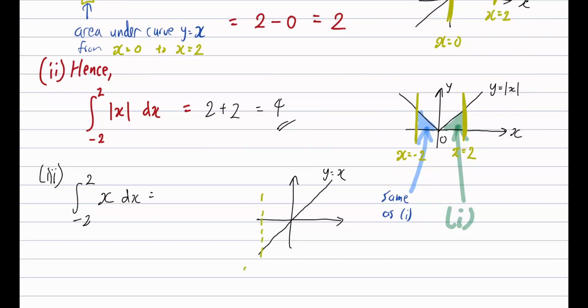This is x equals -2. This is x equals 2. So there's a positive area 2, and there is -2. -2 + 2 will give you 0. I'll talk more about it later.